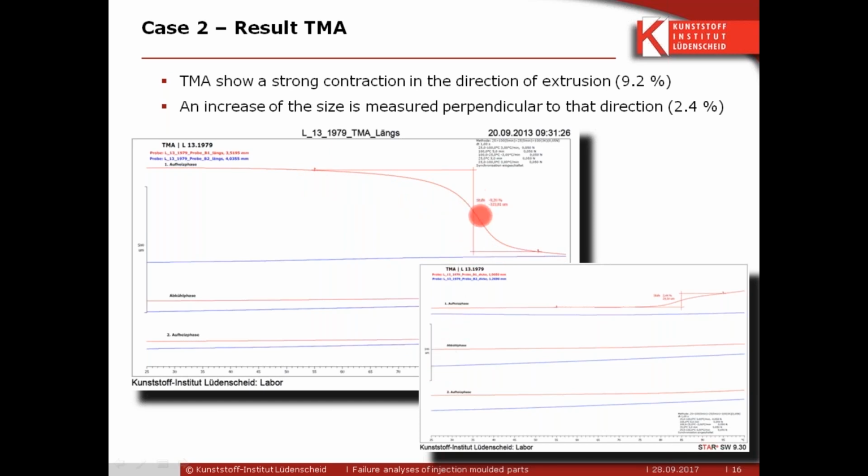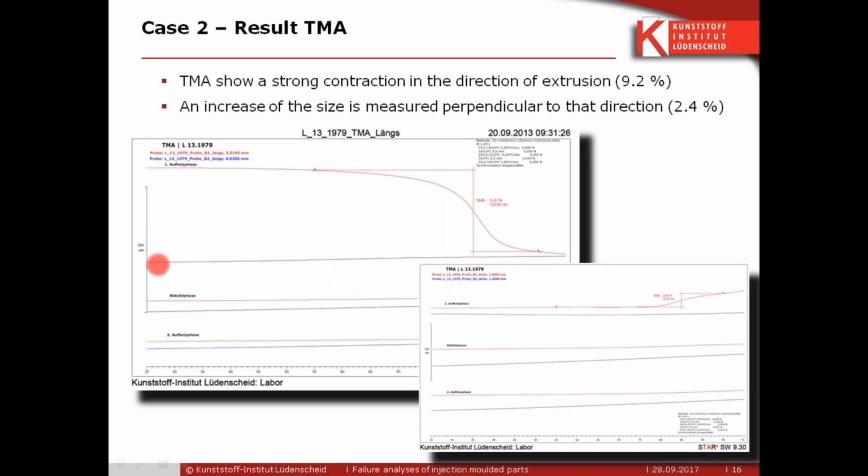So if it happened once, it would not happen again. That's what you can see in the second heating run. You don't see any shrinkage. And in the perpendicular direction, you see an increase of the size by 2%. And if you see 9% shrinkage in one direction and a 2% increase in the other direction, that gives you clear information that you will have drastic deformations of the parts.